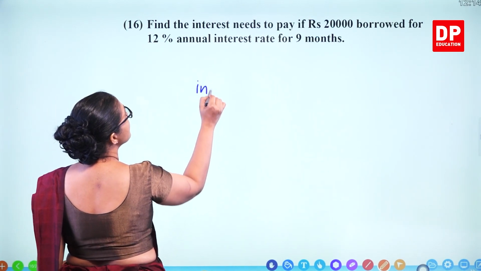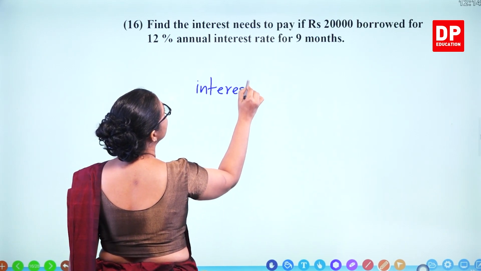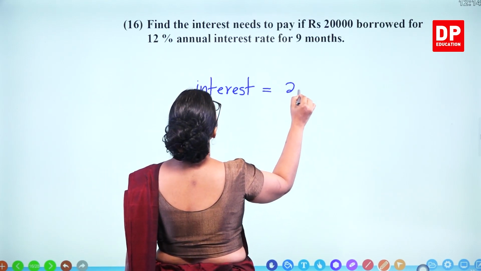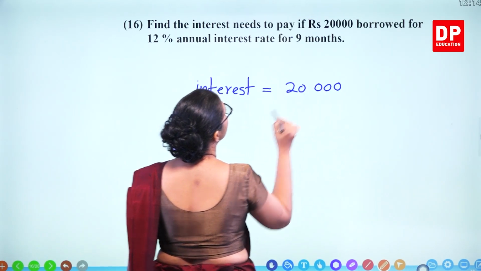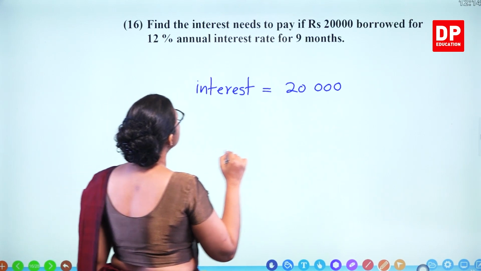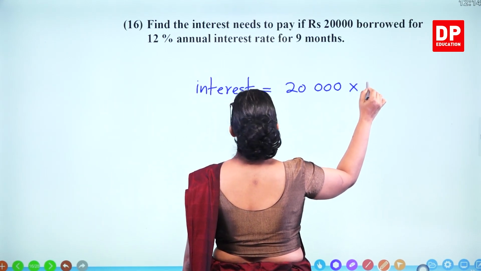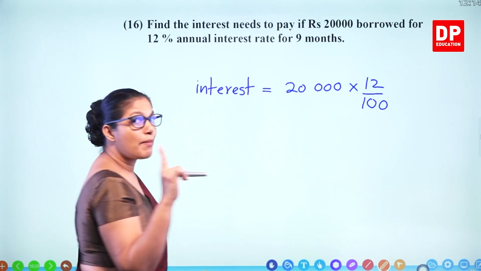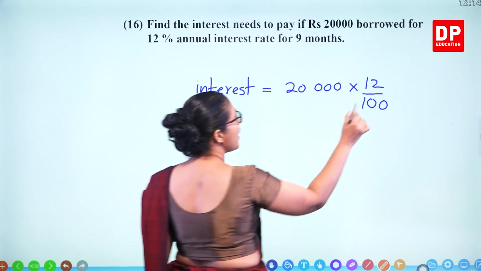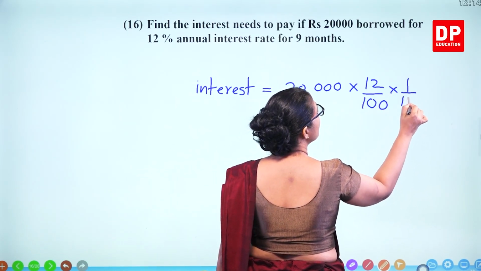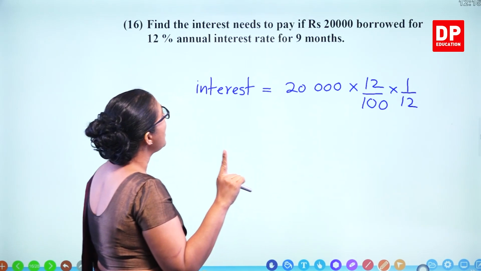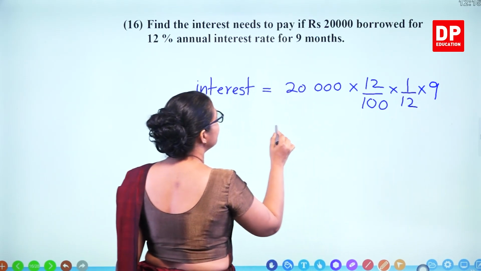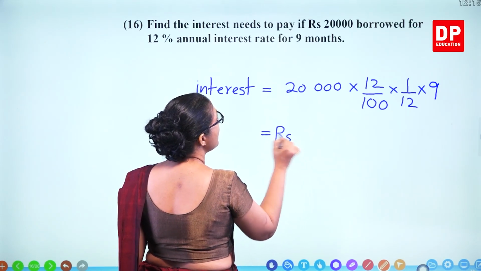Interest is 20,000, the borrowed money, times 12% annual, so 12 over 100. What's the monthly interest? You have to divide this by 12. That's for 1 month. And for 9 months, you need to multiply this by 9. So what's the value? This is in rupees.